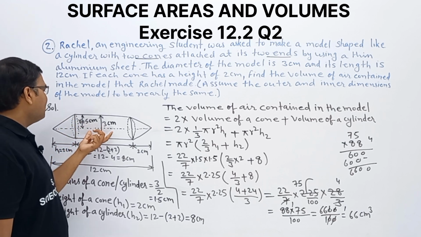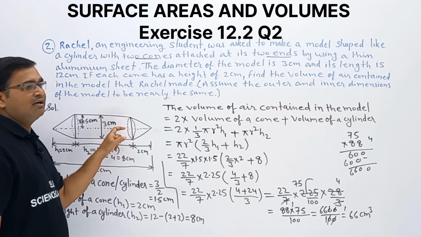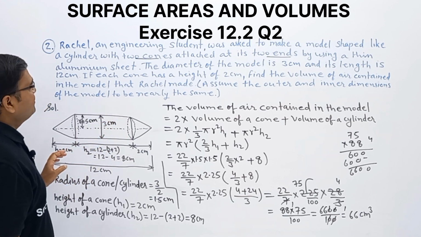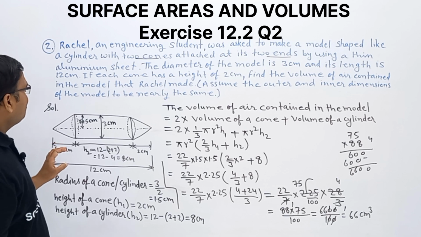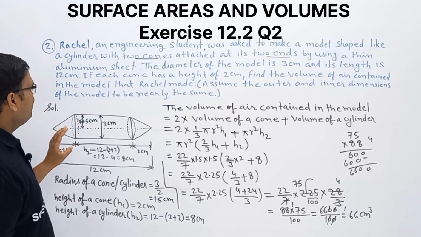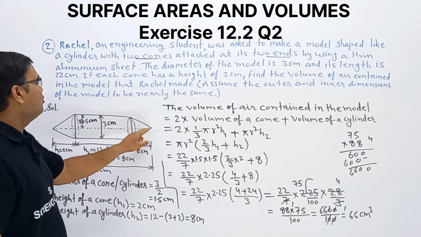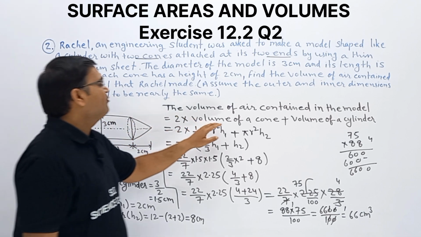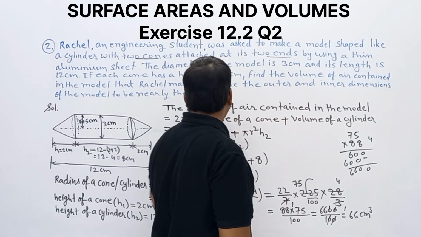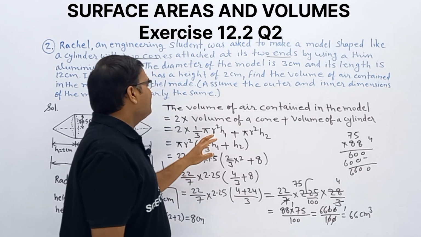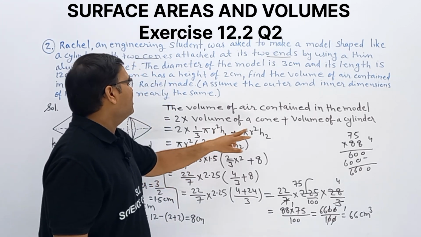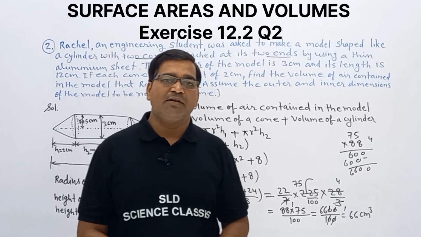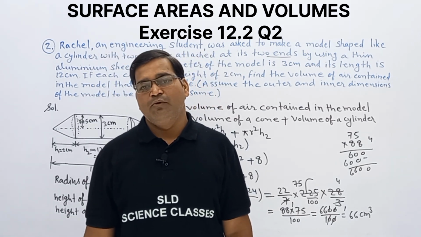One is the cylinder, and the ends of the cylinder have cones. So we write the volume as 2 times the volume of a cone plus the volume of a cylinder. We have both formulas, and then we put the values of r, h1, h2 and pi and solve them. I hope you understand this question. That's all about this question. Thank you so much.